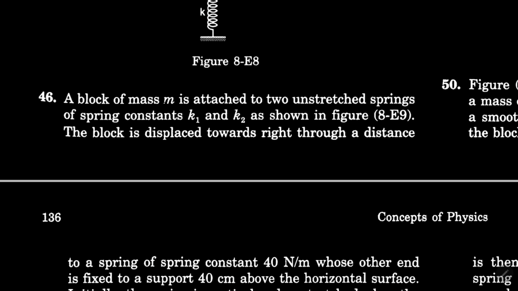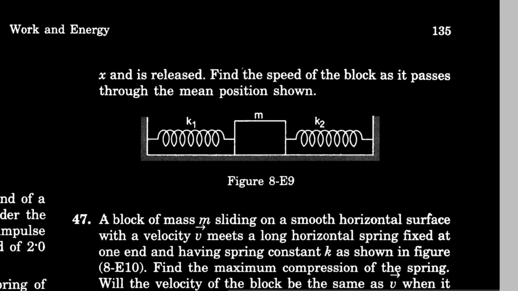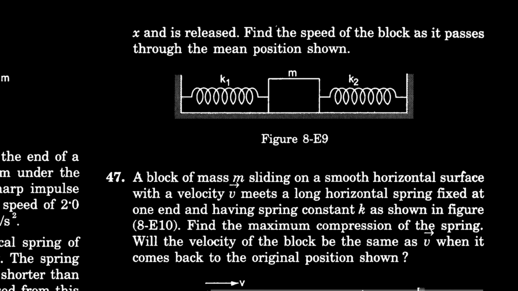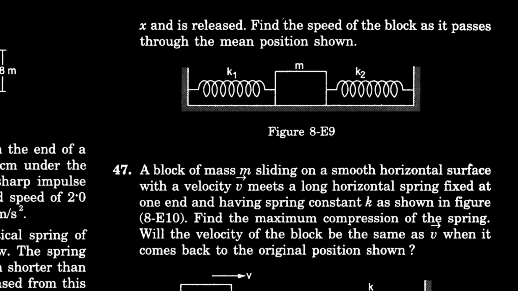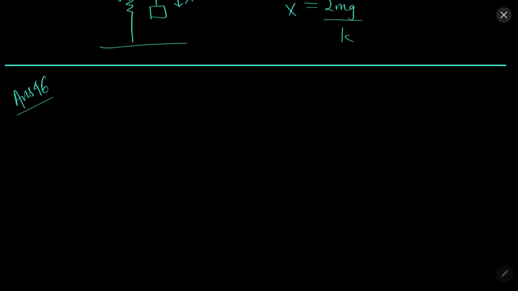In question 46, a block is given to us. Now we need to find the speed of the block as it passes through the mean position as shown in the diagram. So again it's quite simple.